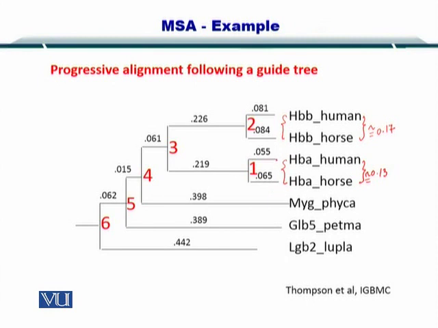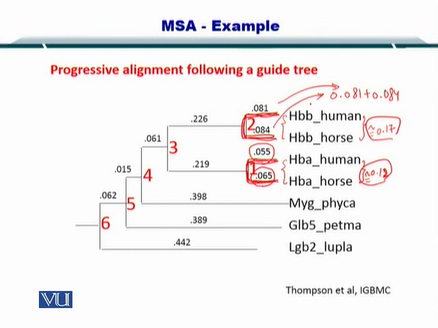So if you look at this guide tree, then this distance, that is 0.65 plus 0.55, is almost equal to 0.13 in this case, or 0.12, while HBB horse and HBB human have a distance of 0.17, which is equal to the sum of these two approximately.